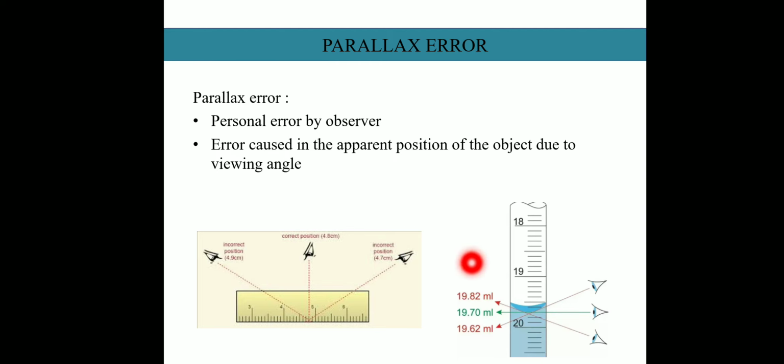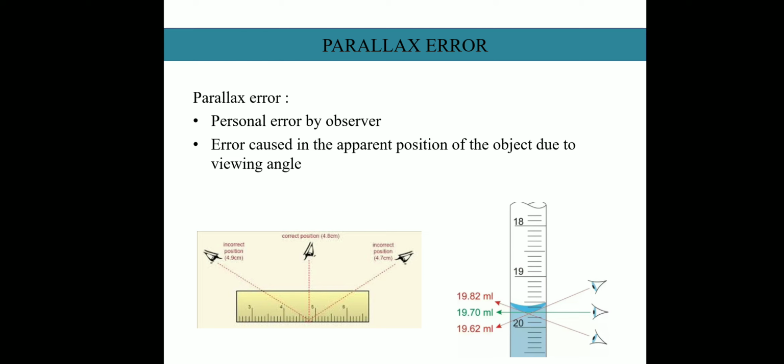Similarly here, in the chemistry lab, you have to take values from this pipette tube. The uppermost layer is known as the meniscus.